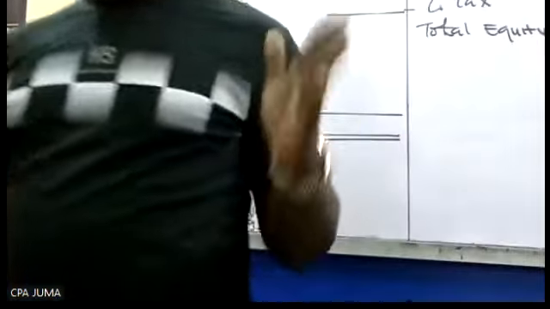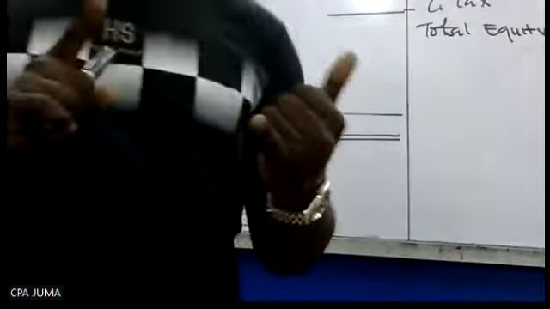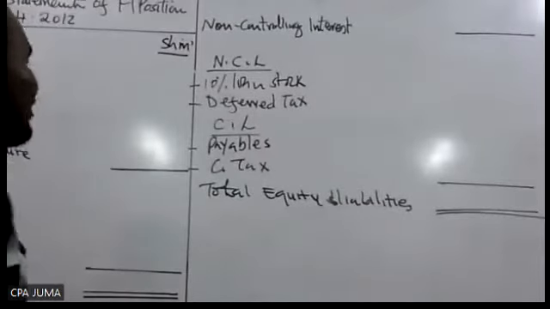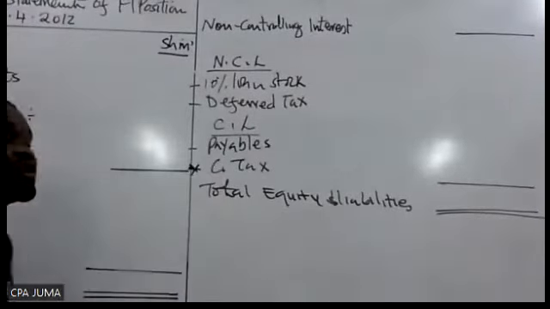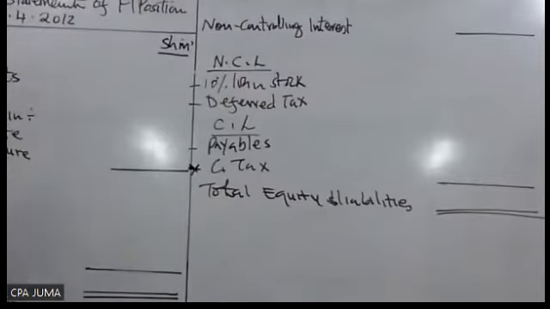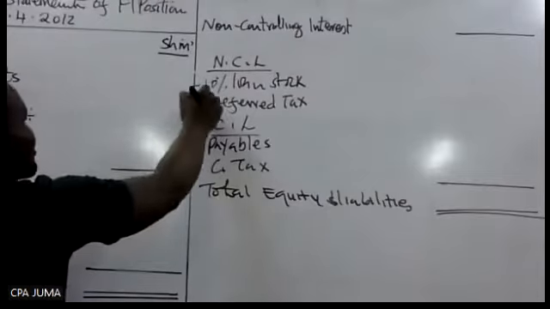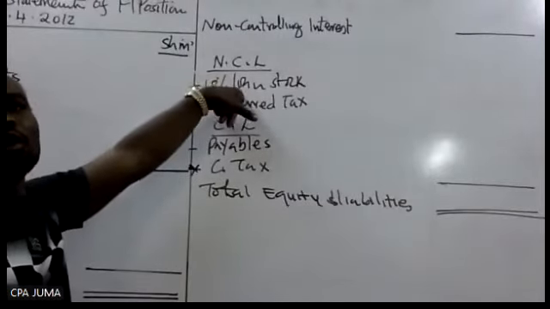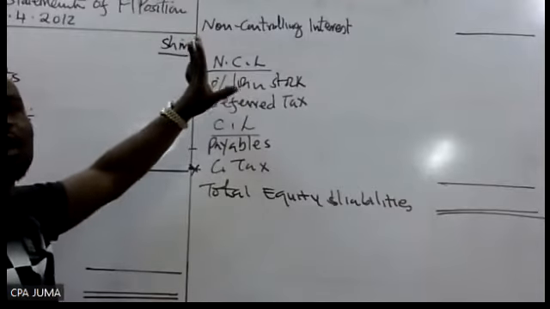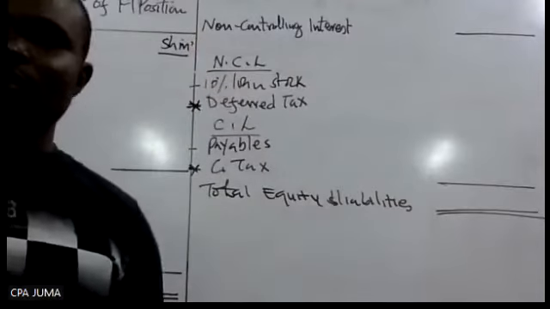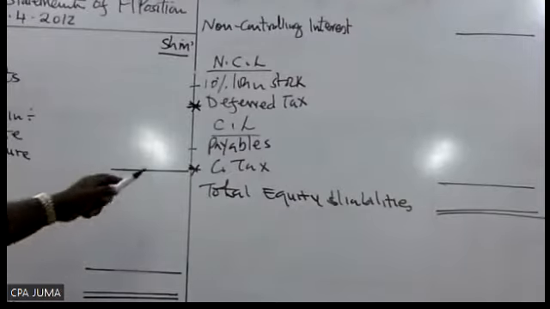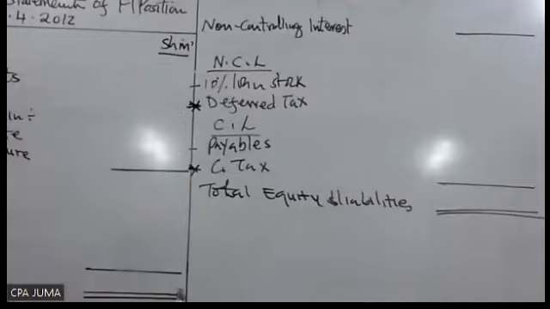So go for the ones which are a sure bet, the ones which are always 3 ticks in any group question. I have never seen any working on current tax. Deferred tax is another issue. Even this one, I know sometimes there is a step with a group loan which you have to subtract. But I want the ones which don't require anything to subtract, just a matter of addition.